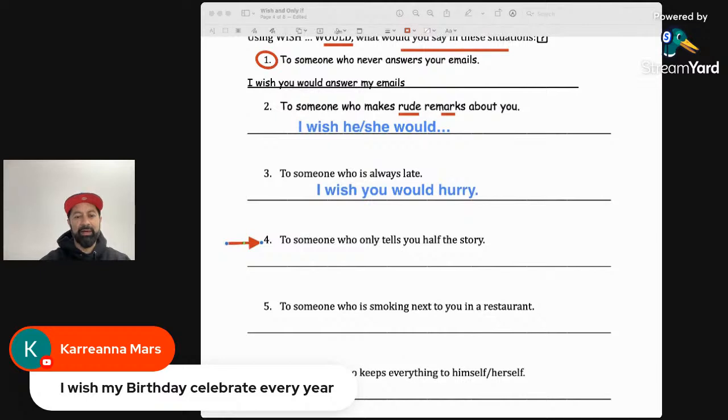Karina, "I wish my birthday celebrate every year." I wish I could celebrate my birthday every year. I'm going to put that in the comment section.